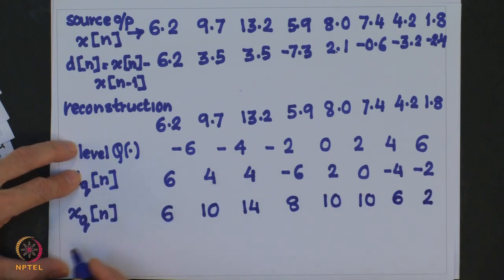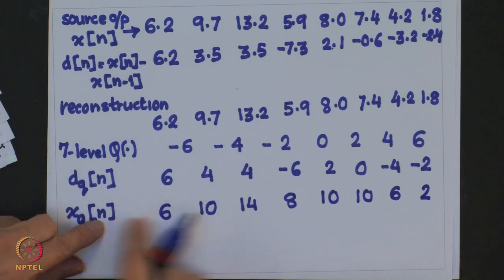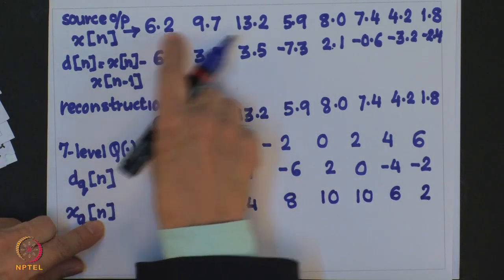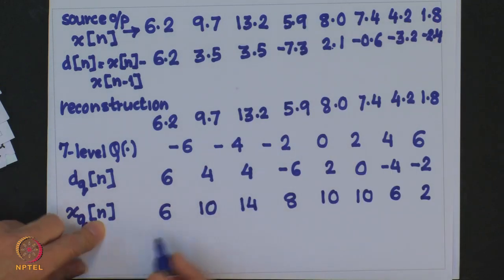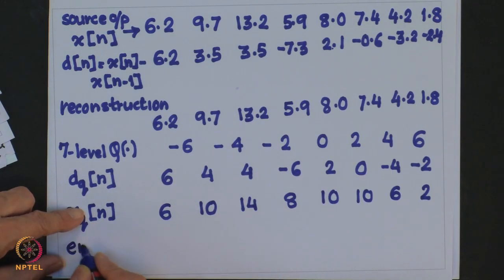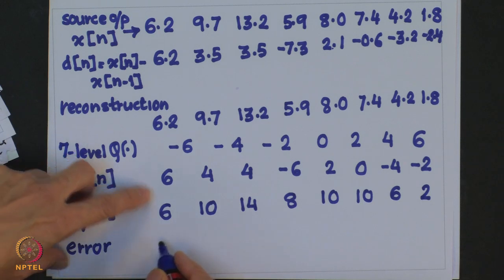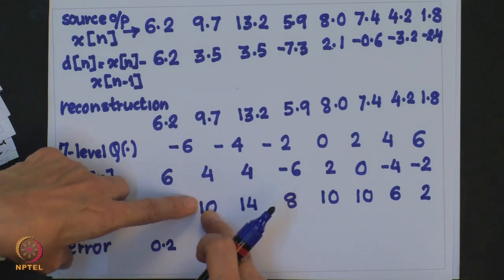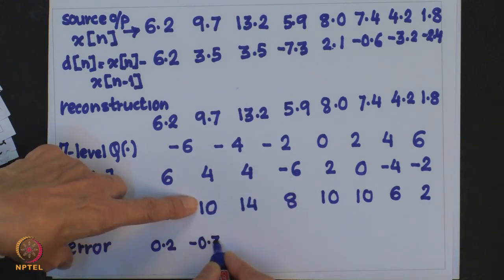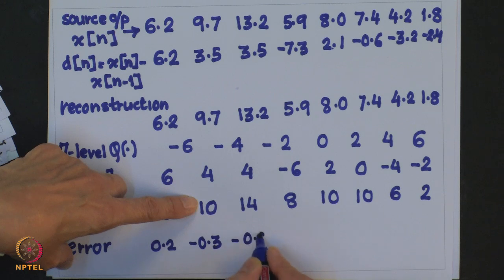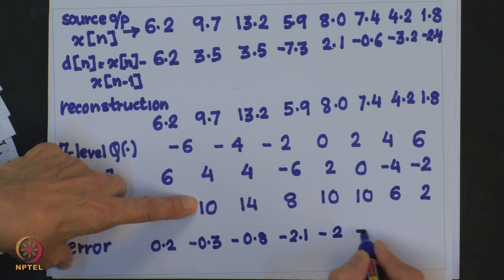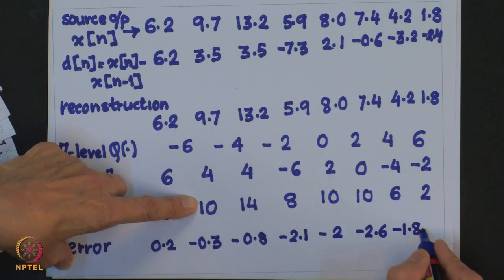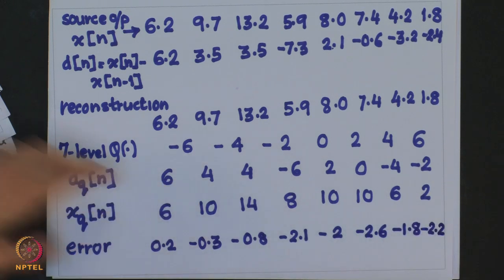Now, let us calculate the error which I am going to get between this sequence and the original sequence. So, if I calculate the error, I have here 0.2, the difference between this and this. So, 9.67 minus 10 is minus 0.3, this is 0.08, minus 2.1, minus 2, minus 2.6, minus 1.8 and minus 2.2.